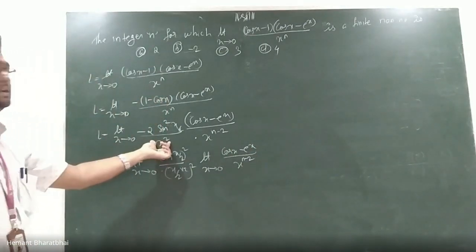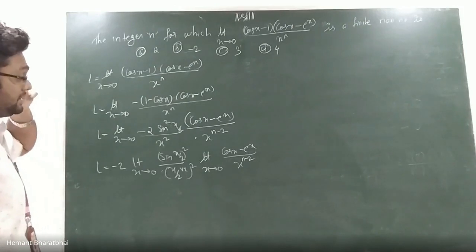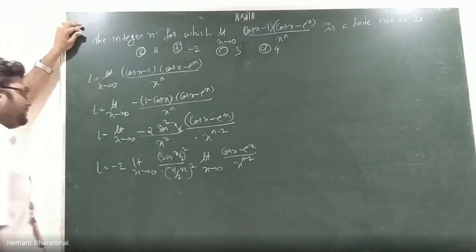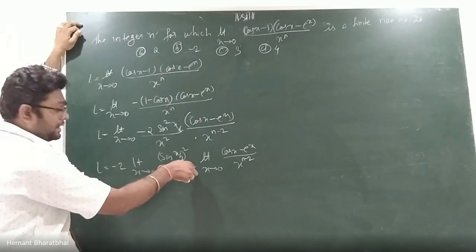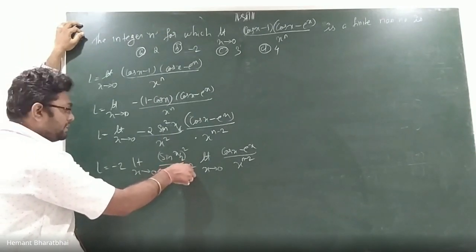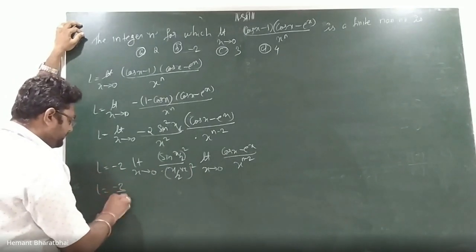Because I've written here x square, I've written x raised to n as x raised to n minus 2. When the 2 comes from the square, outside the square it will become 4. So this L will become minus 2 by 4.